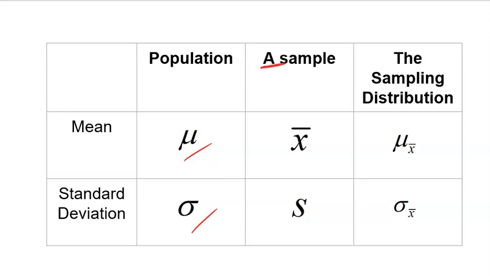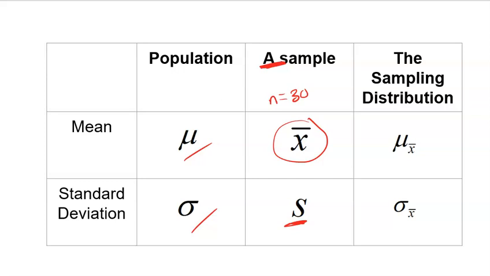Now, if we just look at one sample, let's just say 30 giraffes, that one sample is going to have its own mean, its own X bar. And within that one sample, there's going to be a standard deviation, S, for that one sample.